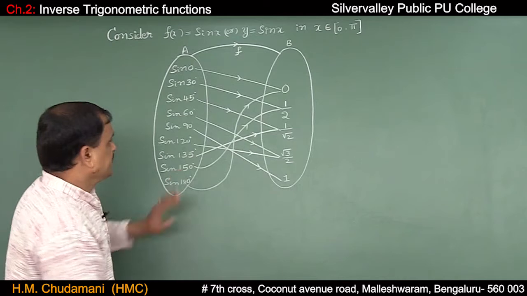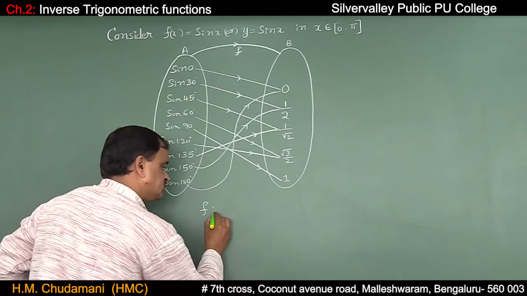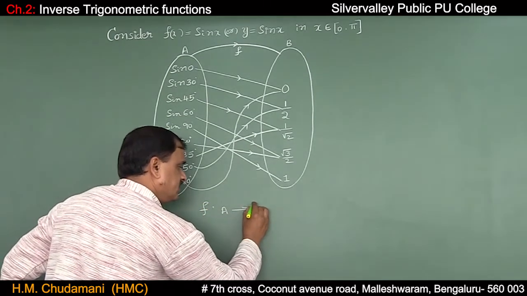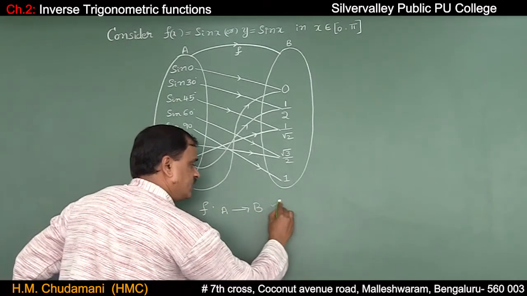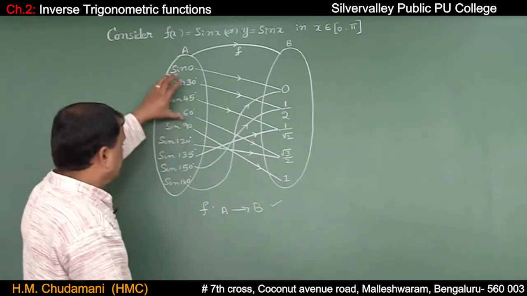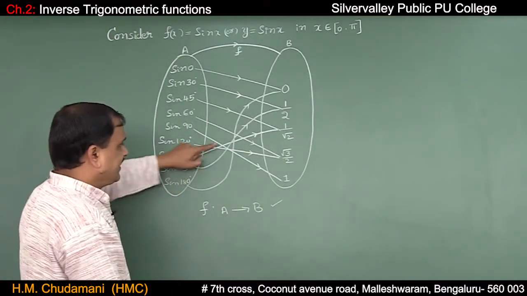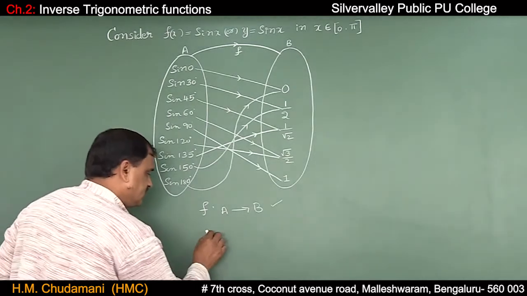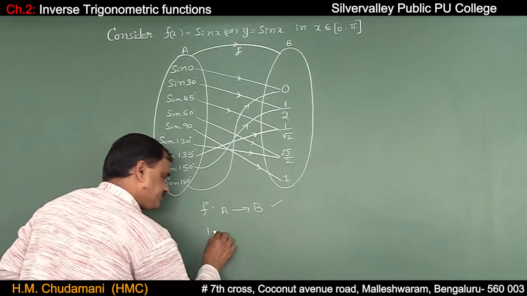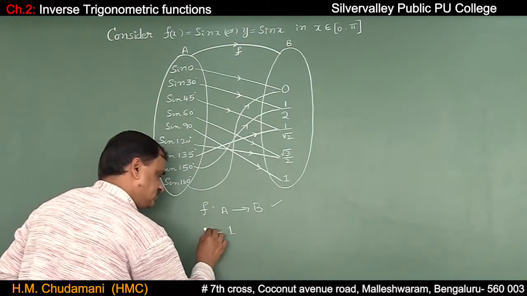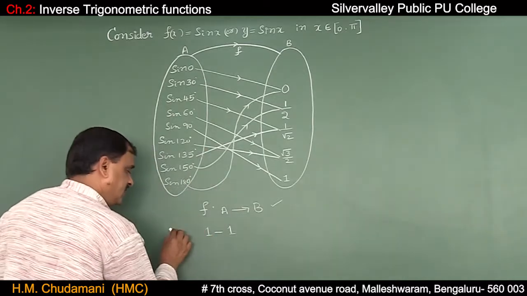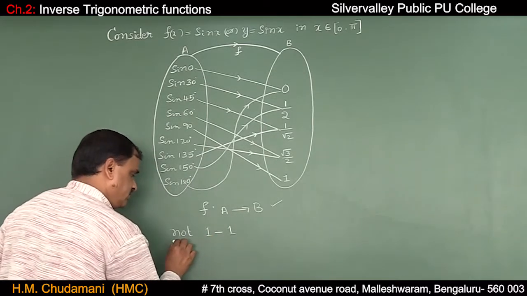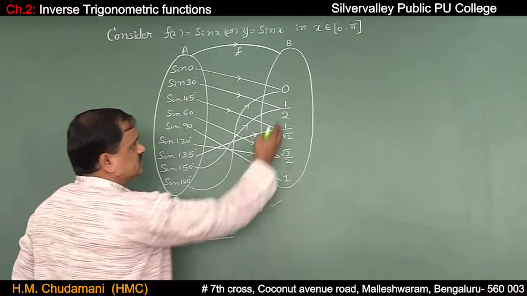So clearly, f is a function from A to B. Every element of the set A has a unique image. Isn't it? So is this one-one function? Clearly it is not one-one.